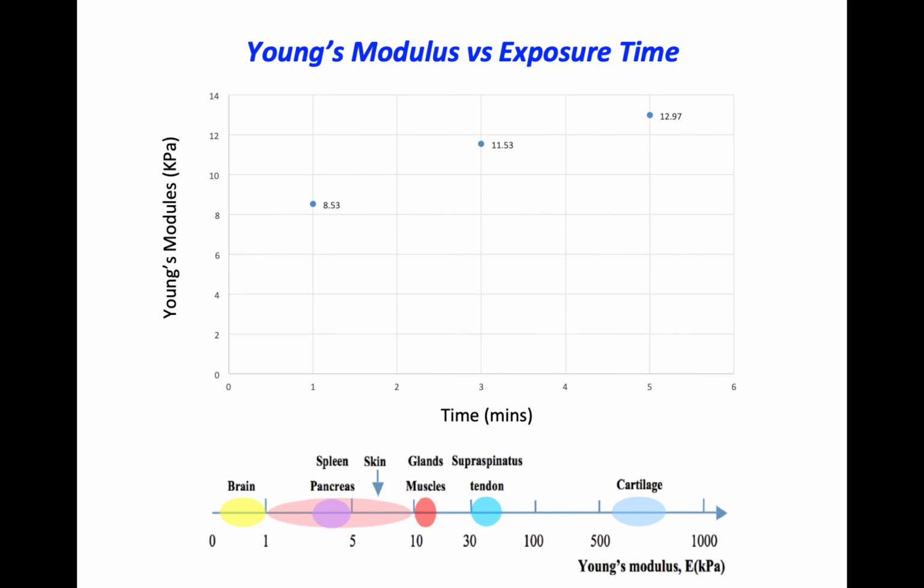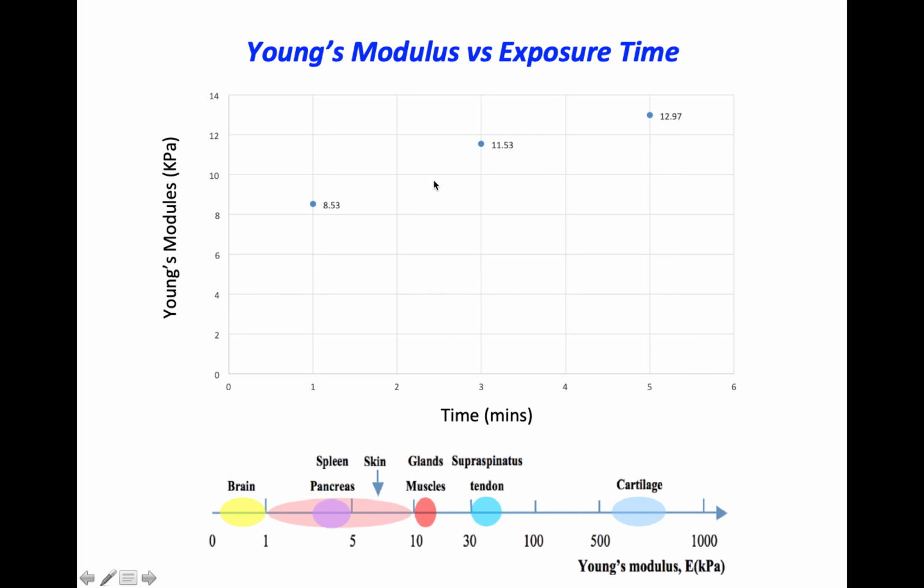And then also I calculate the Young's modulus under the different conditions on 3 different timelines. So you can see the Young's modulus increases as the exposure time increases as well.